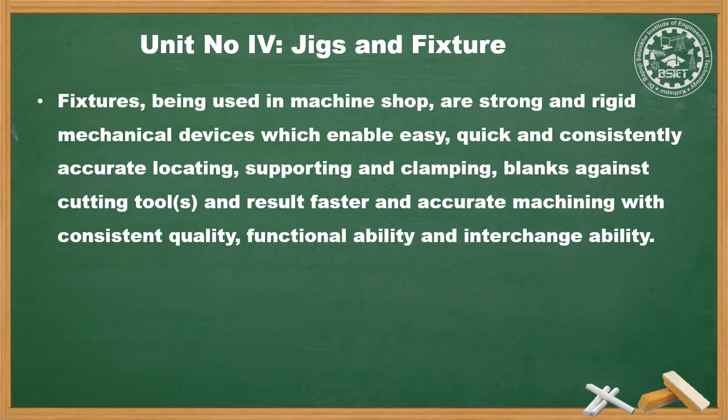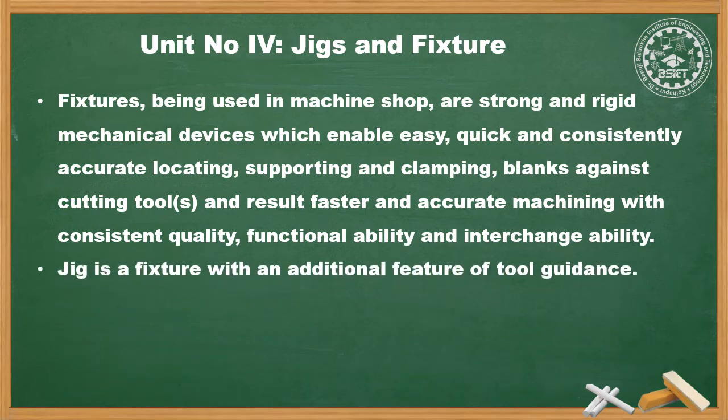So fixture is basically a device used to support, locate, and clamp the workpiece, whereas a jig is a fixture with additional feature of tool guidance. That is, jig is used to guide the tool properly in addition to locating, supporting, and clamping of the workpiece.